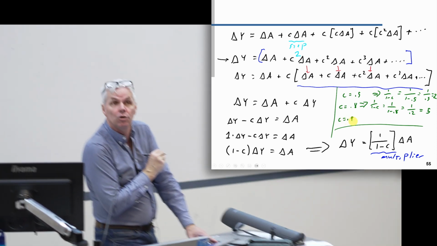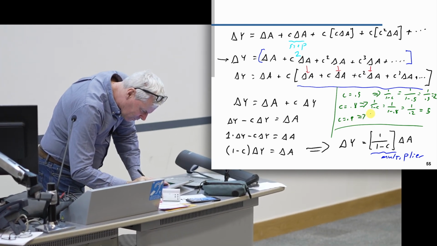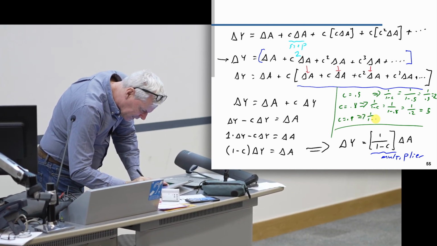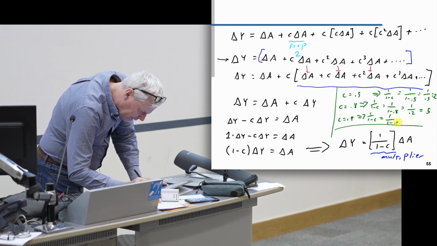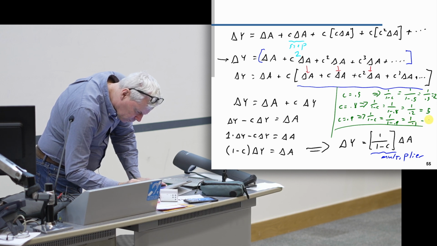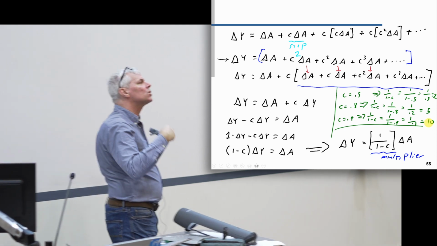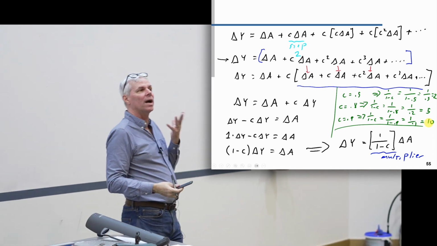I'm doing all the ones I can do in my head. 0.9 gives me 1 over 1 minus c is equal to 1 over 1 minus 0.9 equals 1 over 0.1 equals 10. Multiplier is 10. Okay. And that's the sort of neighborhood we're kind of thinking.